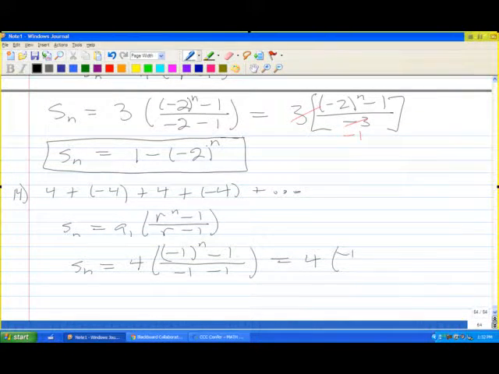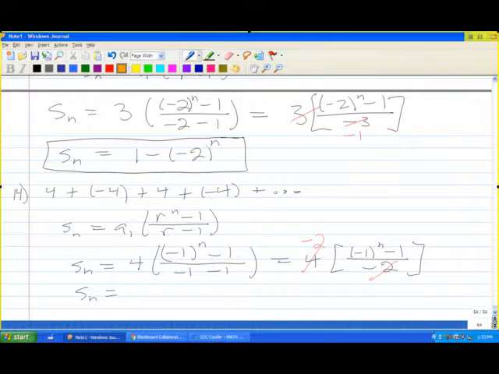Negative 1 minus 1 is a negative 2. 4 divided by negative 2 is a negative 2. And maybe I will change the sign because it'll look a little nicer.